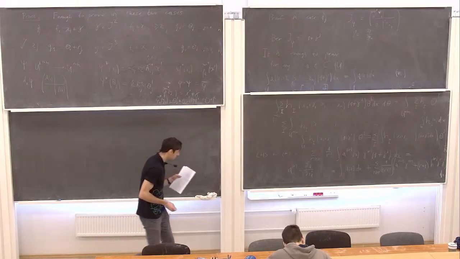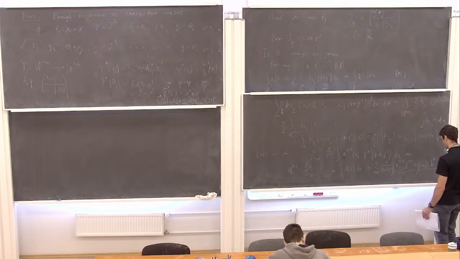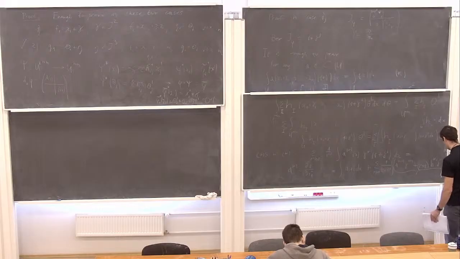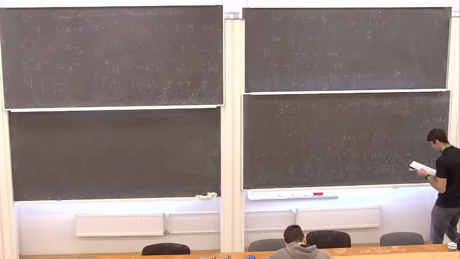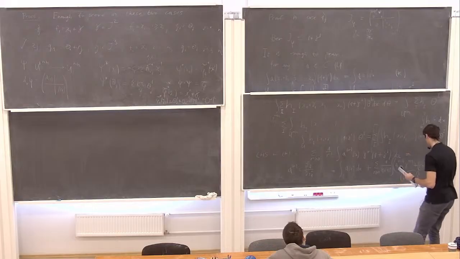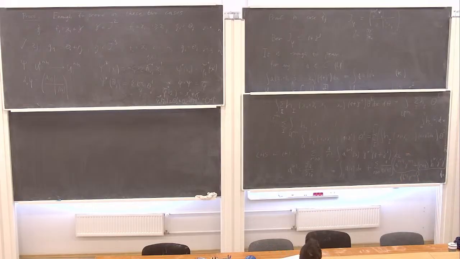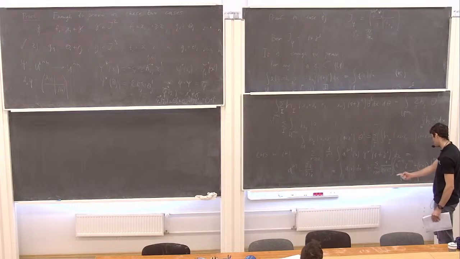But this guy is actually a derivative of something, right? It is actually the derivative of h r gamma r plus 1 prime. And I integrate over something which is a derivative.